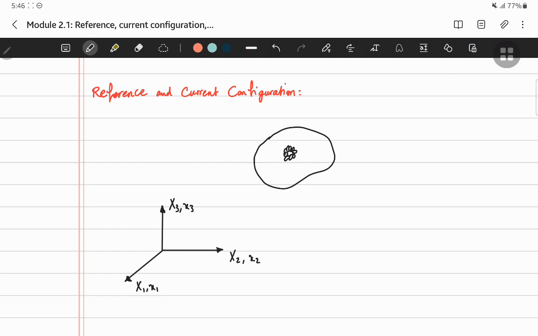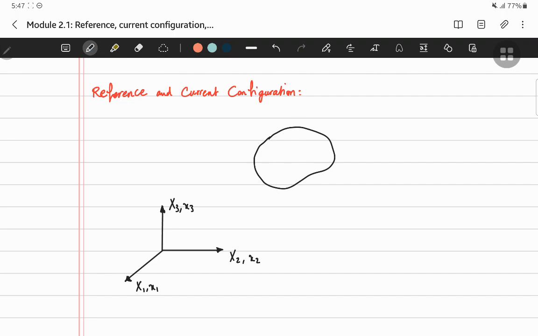So we can call it a continuum. And we are discussing this kind of continuum. We have also some other types of continuum, which are not covered in this course, but in this topic in solid mechanics, we are specifically talking about this kind of continuum where every particle is surrounded by an infinite number of particles.